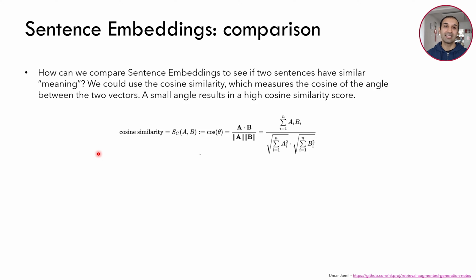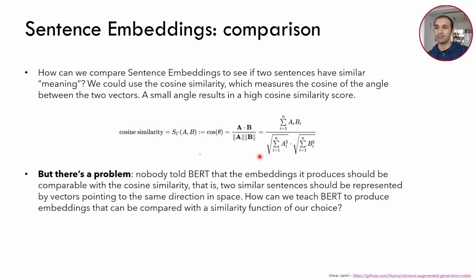We need to find a similarity function, and we usually use the cosine similarity because they are both vectors. It measures the cosine of the angle between the two vectors. A smaller angle results in a high cosine similarity score, while a bigger angle results in a smaller cosine similarity score, and this is the formula of the cosine similarity score.